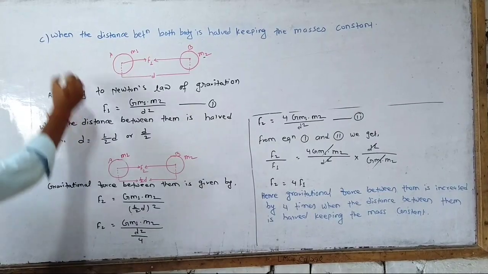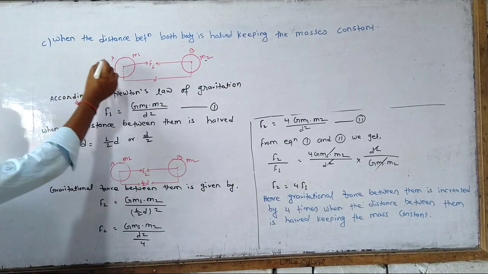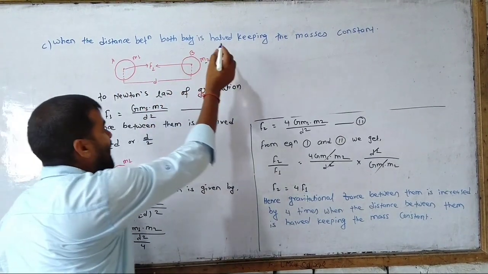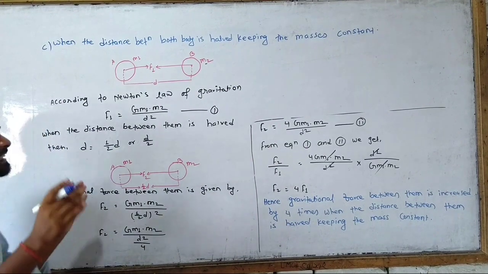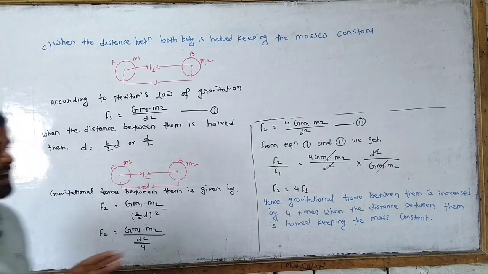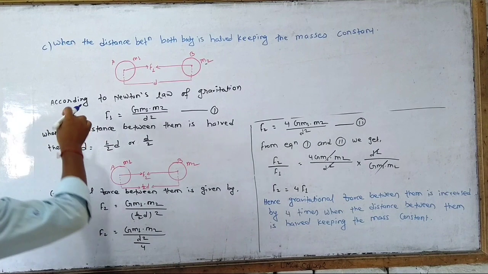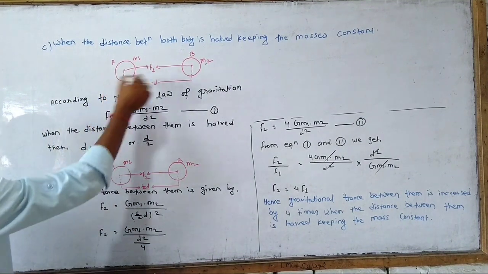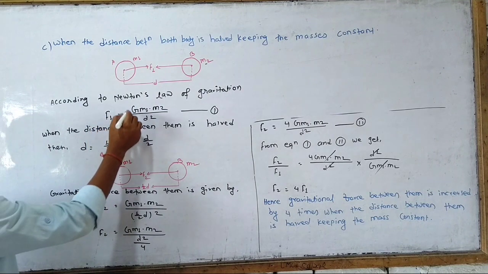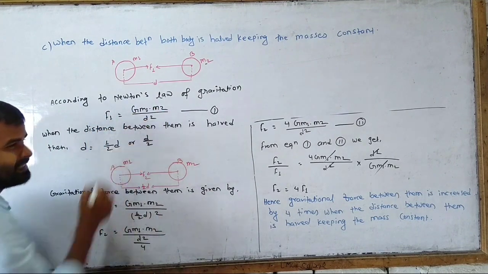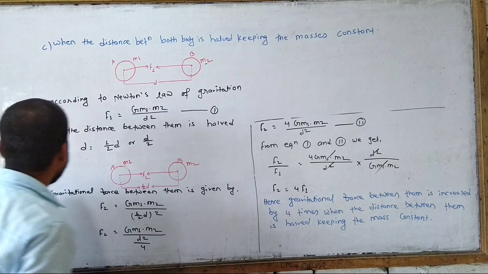Case C: when the distance between both is halved, keeping the mass constant. Here the distance is halved, but the mass is constant. According to Newton's law of gravitation, F1 equals G m1 into m2 by d square. This is equation 1.